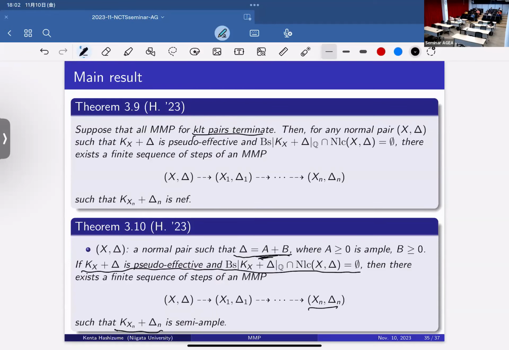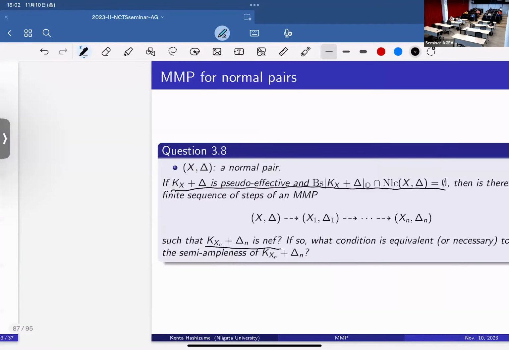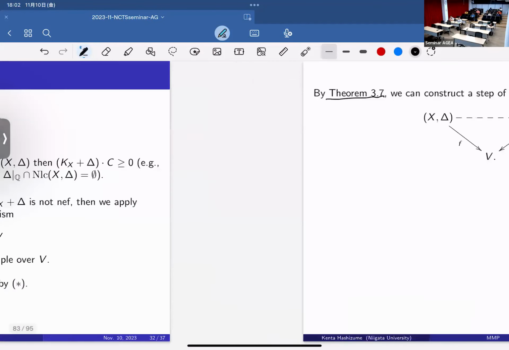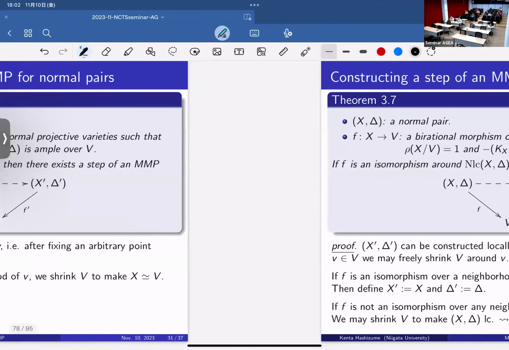Yeah, so I'm wondering, in Fujino's cone theorem, is the summation a finite sum or could it be infinite, of the negative extreme rays?